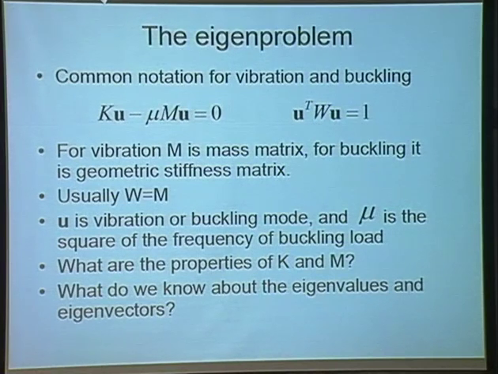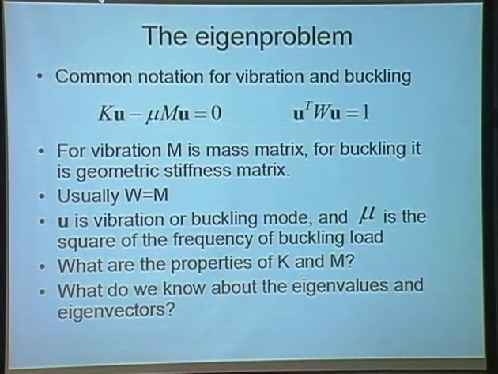Could anybody tell me what are the properties of the stiffness and mass matrix that you recall from any course that you took in finite element or vibration course? They are special matrices. They have some favorable properties. Symmetry, positive.